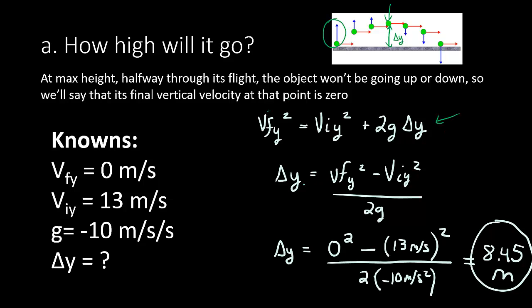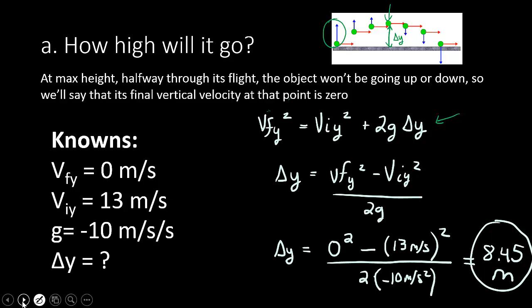When we rearrange it to solve for y, we end up seeing that the delta y is a positive 8.45 meters. So we found how high it was going to go based upon all the vertical stuff that's going on, because that's the only thing we're concerned about when we're dealing with how high the object is moving.